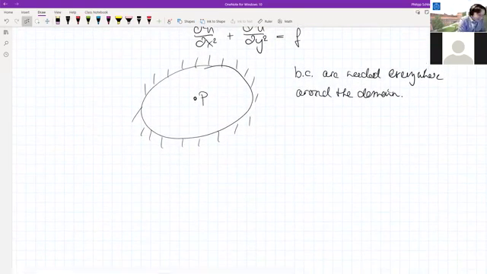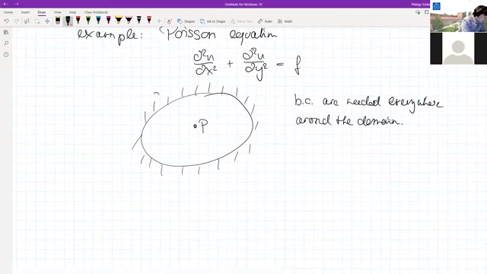Which I guess is an excellent time. So I can just define here, if this is the domain G, then we have the boundary delta G. So this is also an excellent time to briefly talk about the different types of boundary conditions that we use in CFD.